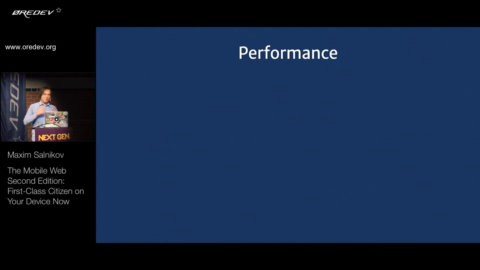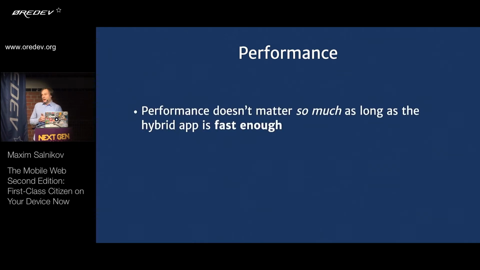Let's advocate a bit more for the hybrid approach. Once you've got performance which is fast enough for your users, for your specific use case, maybe you can stop at this point. What do I want to say by this? Of course, the faster, the better, but there are really many types of mobile web applications that can be implemented using Ionic and provide good user experience in terms of performance, including many kinds of business applications, like form-based applications, whatever.